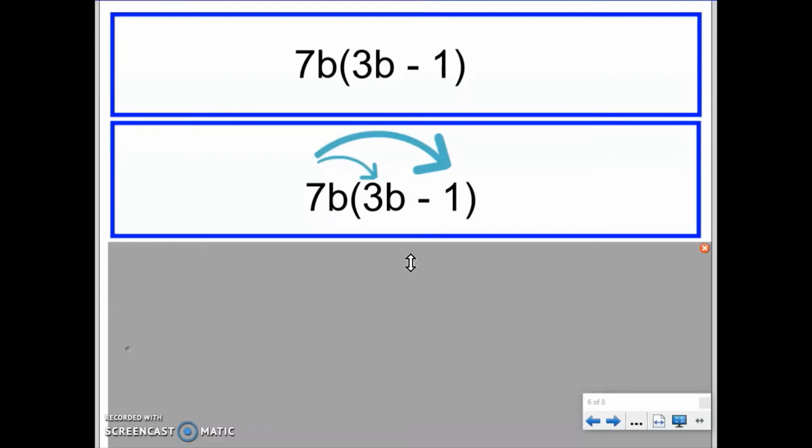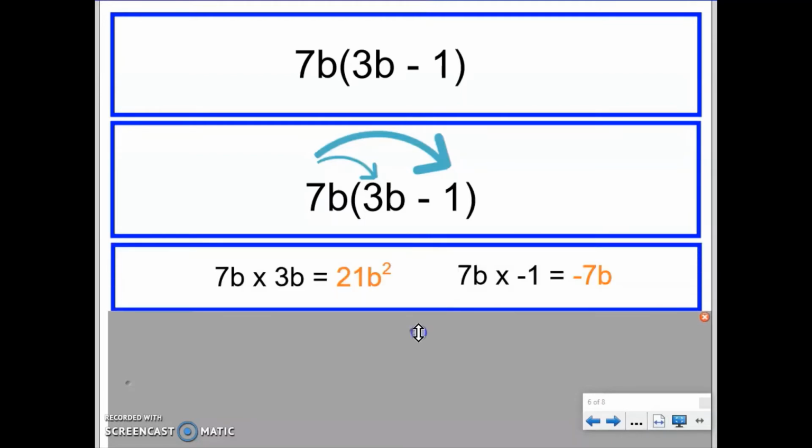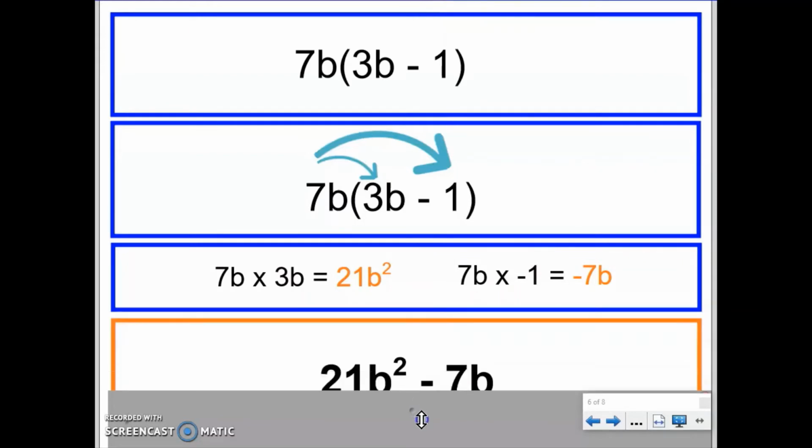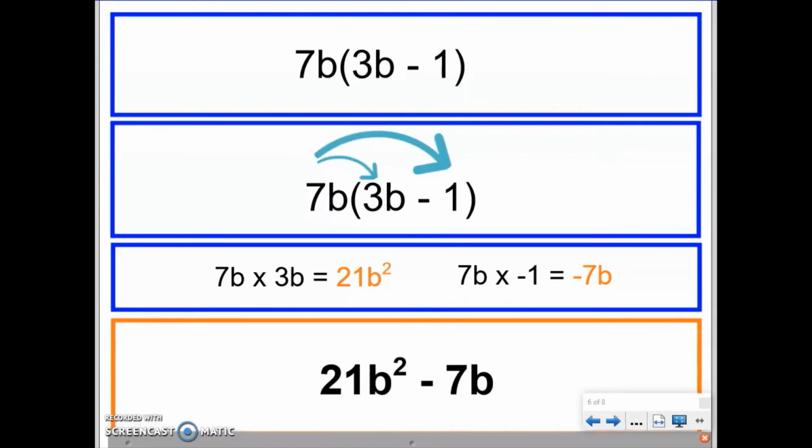Then I'm going to go ahead and do 7b times negative 1, which is minus 7b. There's the results of my two multiplications, which I'm then going to put together to create the expression 21b squareds minus 7b. Very well done if you're understanding the process of expanding single brackets.